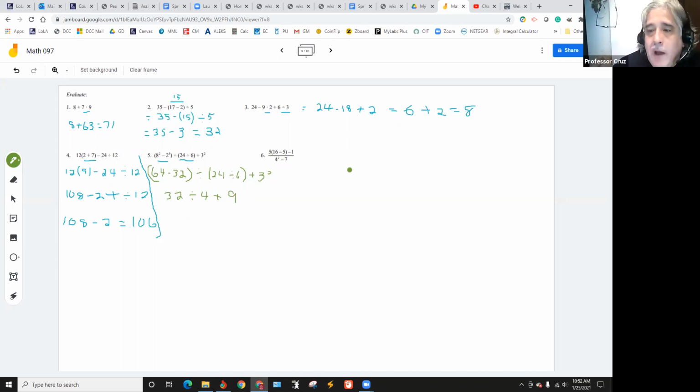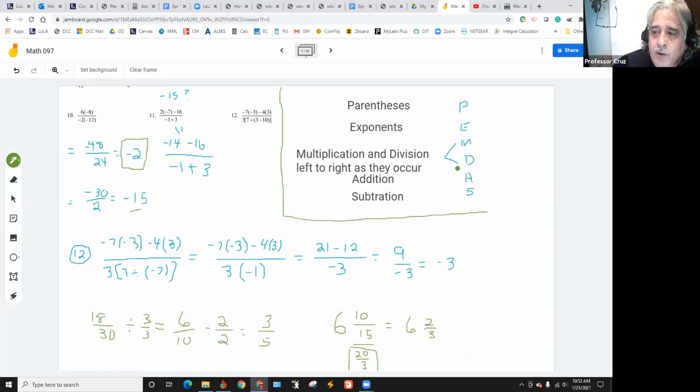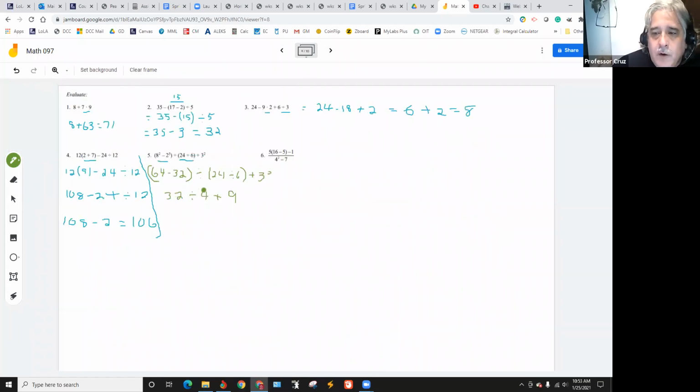And then remember, once we get one in, we come back up as high as we need to go and then go back down. So now we're essentially right here: multiplication, division, addition, and subtraction. There's no multiplication, but there's a division. 32 divided by 4 is 8, correct?